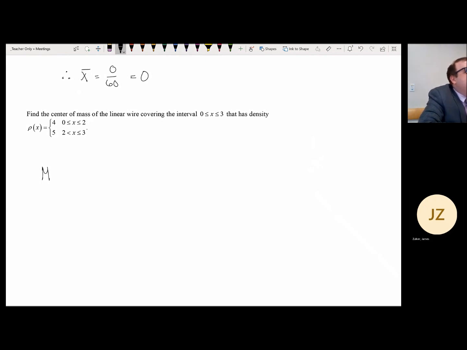If it was a single constant density, I'd agree. You'd have to have equal mass on both sides, but here the densities are different. You have 4 for the first 2 units, and then you have 5 for the last unit. So it doesn't necessarily mean the masses are going to be the same. And here they won't be.